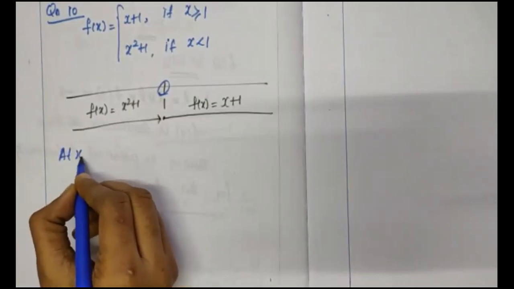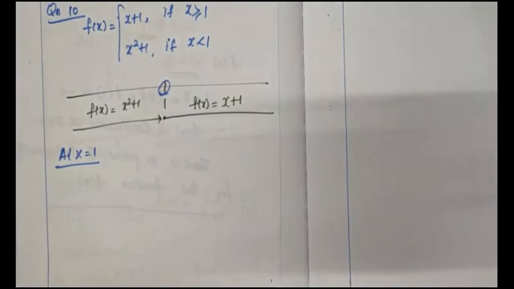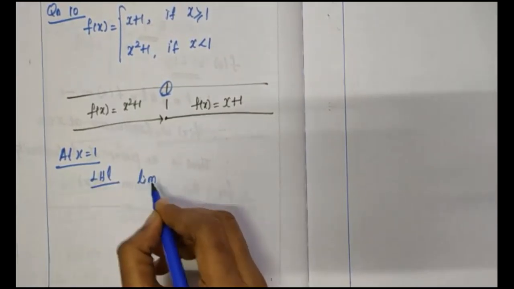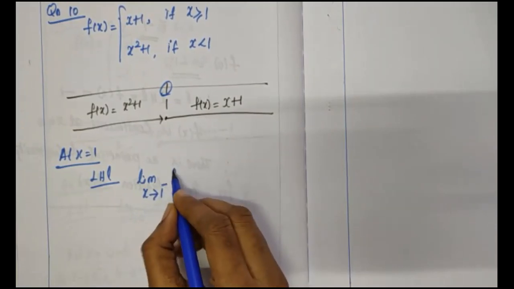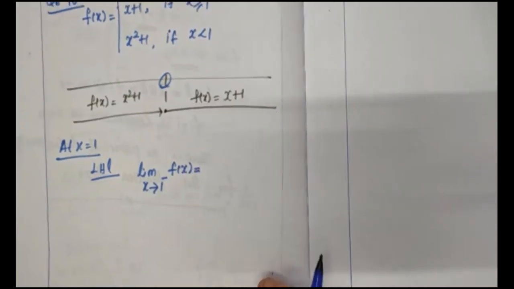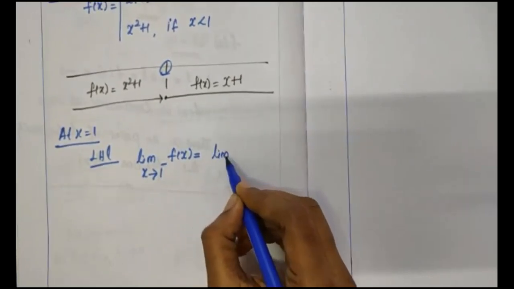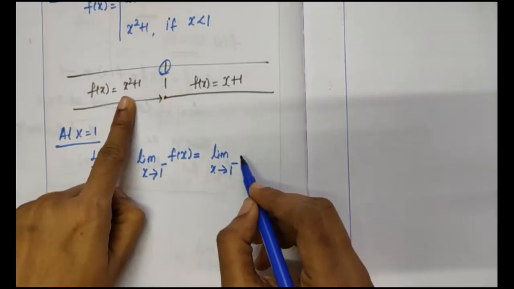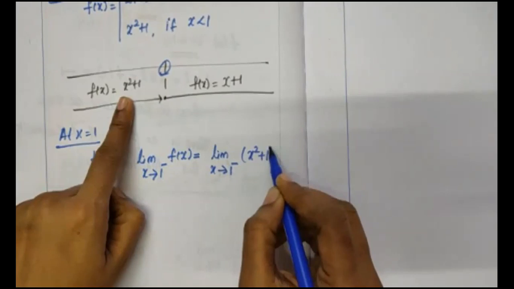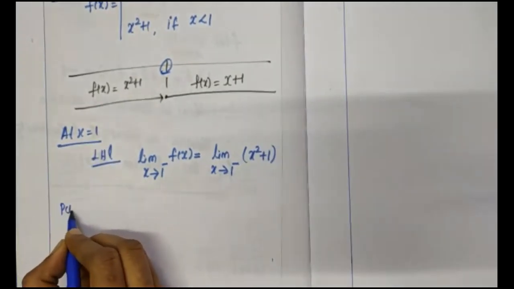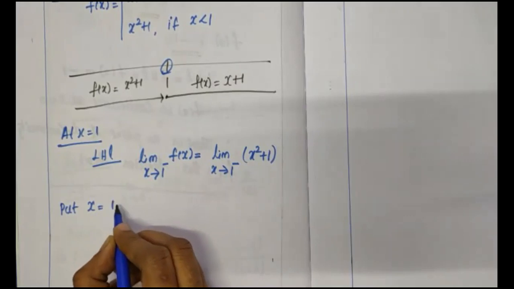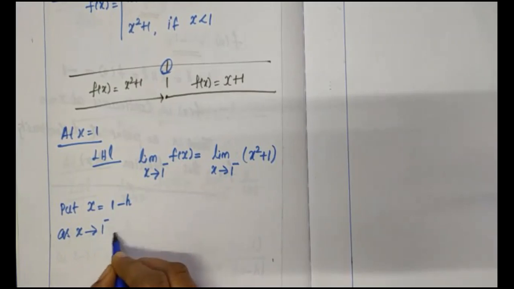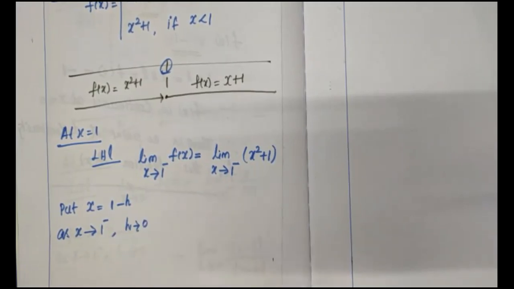So at the point x is equal to 1. Left hand limit first. Limit x tends to 1 minus f of x is equal to limit x tends to 1 minus, to the left of 1 where the function is x square plus 1. The substitution, put x is equal to 1 minus h, as x tends to 1 minus, h tends to 0.